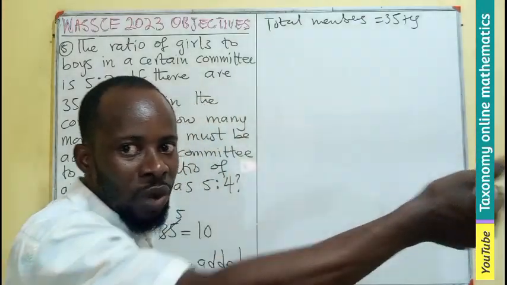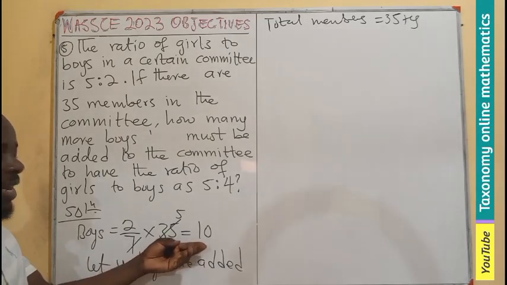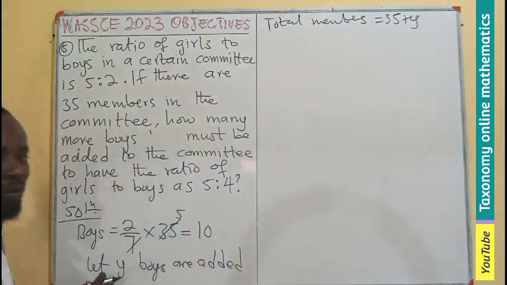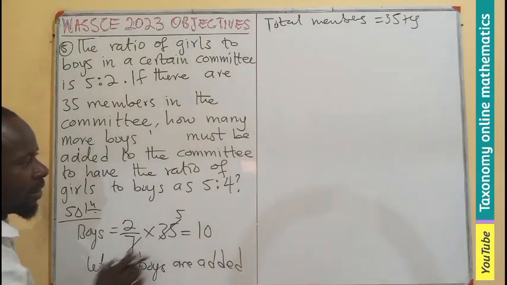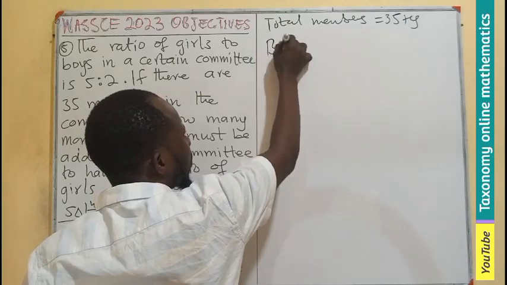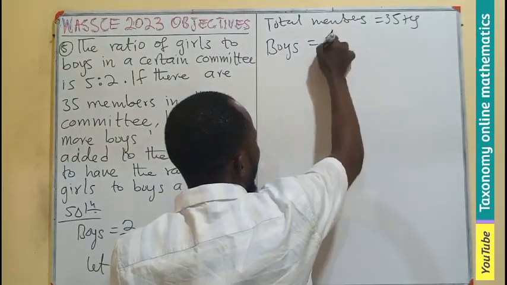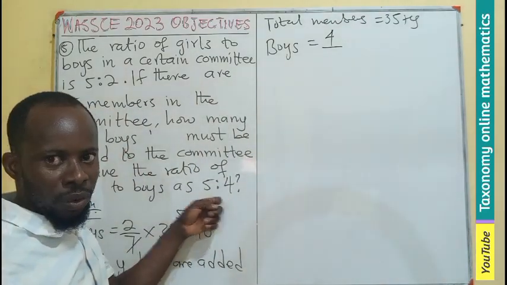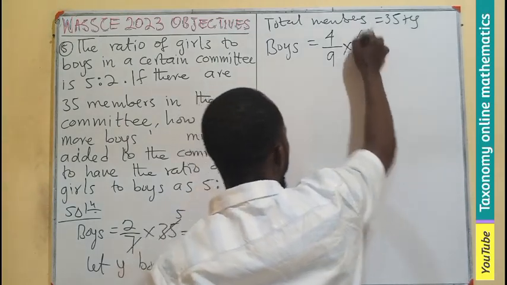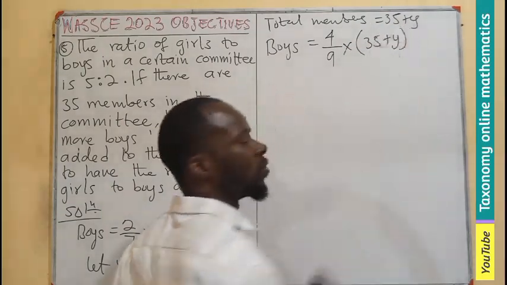The number of boys now becomes 10 plus y. But the ratio means that boys equals their ratio, 4 divided by the total ratio, 4 plus 5, which is 9, times the new number of committee members, 35 plus y.